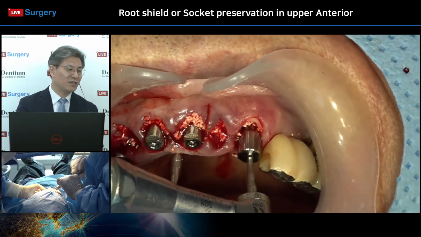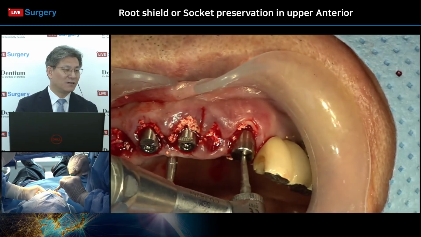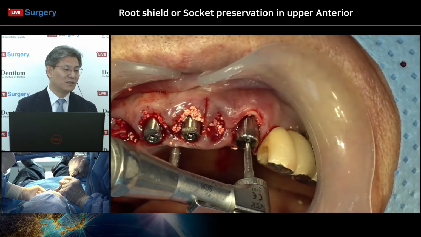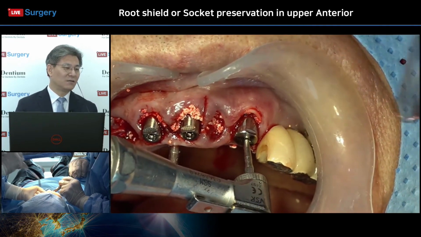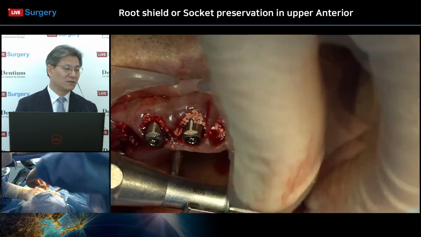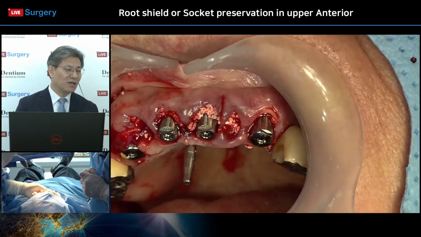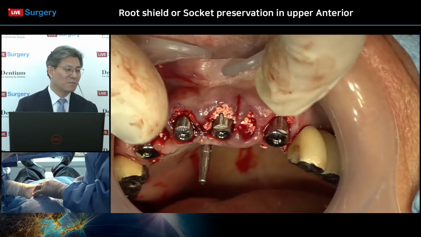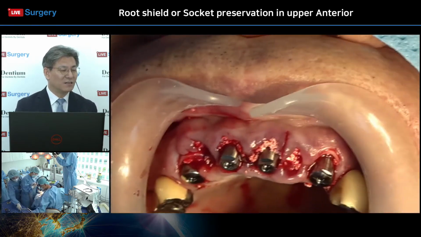The direction and the depths. Yeah, very nice, perfect.